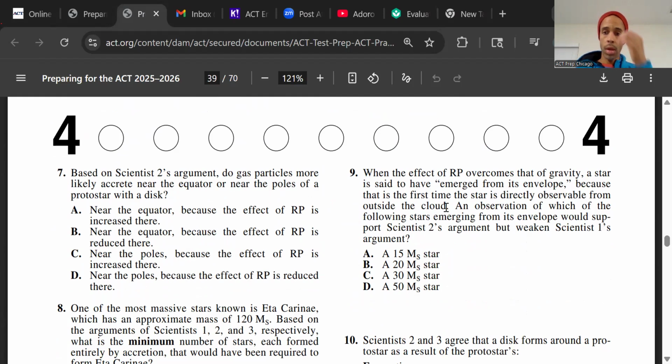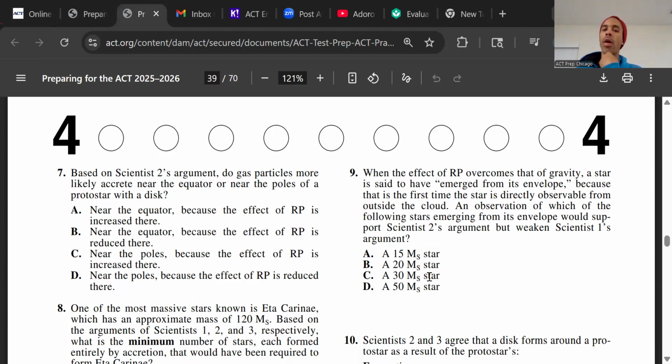An observation of which of the following stars emerging from its envelope would support scientist two's argument but weaken scientist one's? It would be 30.